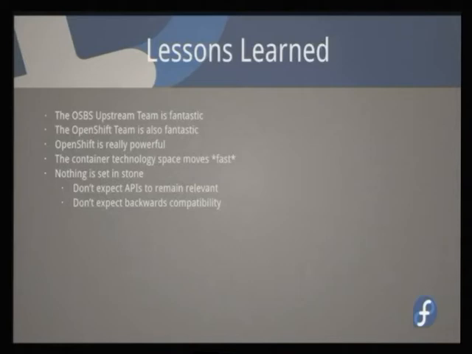None of that is true in the container space. Everything is constantly evolving, and it's very exciting and very fun to be a part of, but it's also very difficult to track when you're trying to build something. So we learned the hard way that APIs are not always going to stay stable, and they will not always stay relevant.